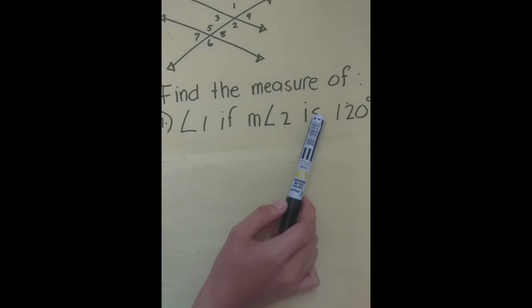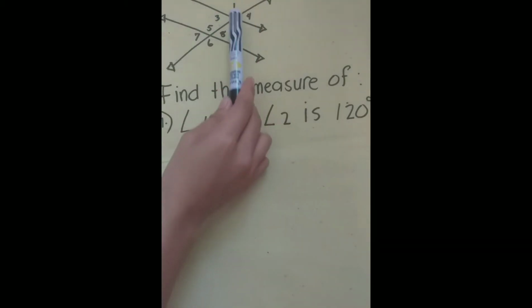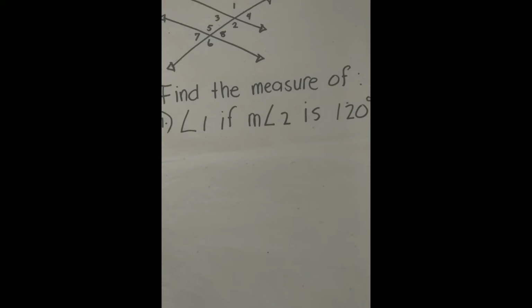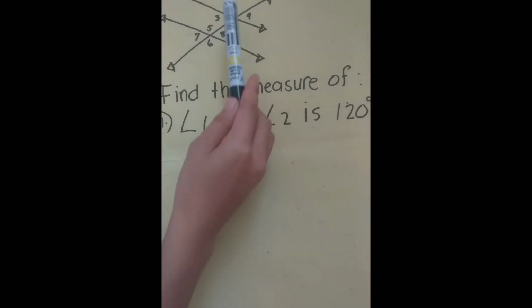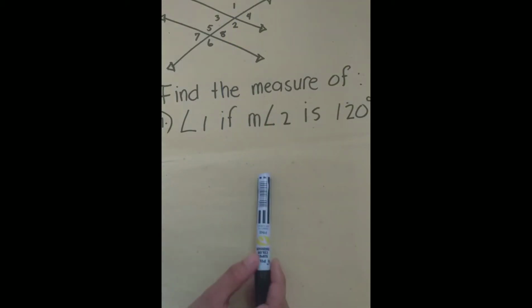Let us recall the angle pairs, the classifications of the angle pairs. So, angle 1 and angle 2 are vertical angles, di ba? Opposite angles.